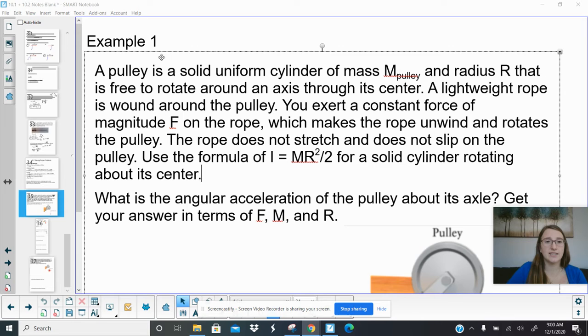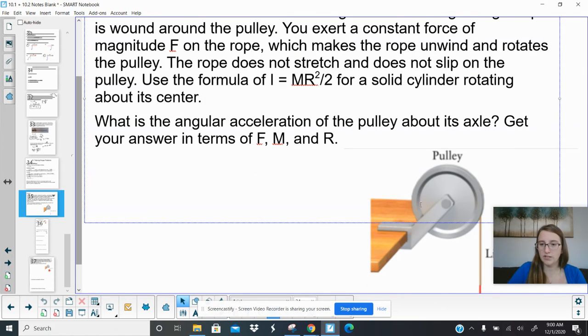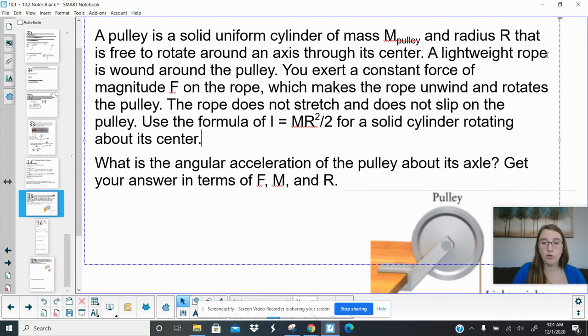So we have a pulley that is a solid uniform cylinder of mass M pulley. I'm going to abbreviate that to just MP probably, and radius R, that is free to rotate around an axis through its center. So here's our pulley. It's rotating, and there's our center of rotation. We have a lightweight rope, which basically means we're ignoring the mass of the rope, wound around this pulley.